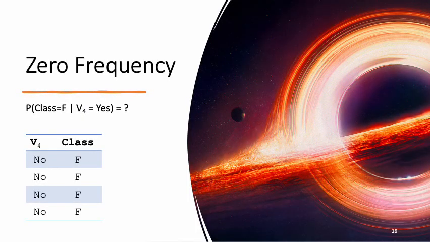If yes was asked instead of no as the fourth property of the unknown sample, we would have a small problem. If we focus on the rows belonging to class F and the columns with property V4, you will get the table on the screen. I will pose the problem in the form of a question.